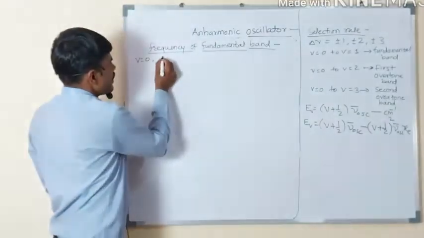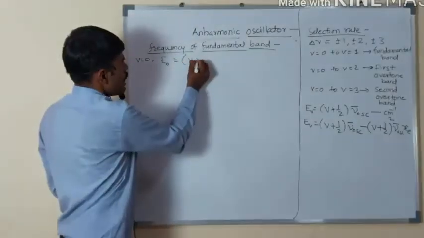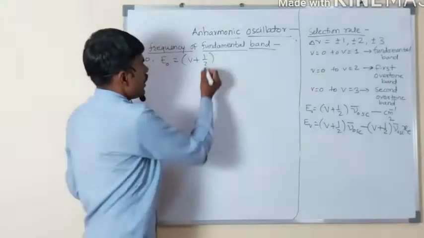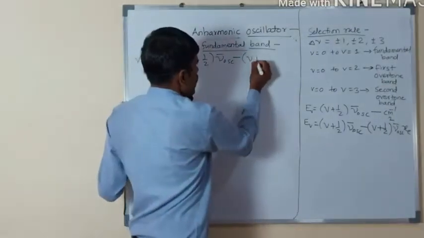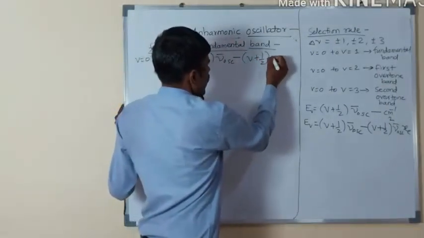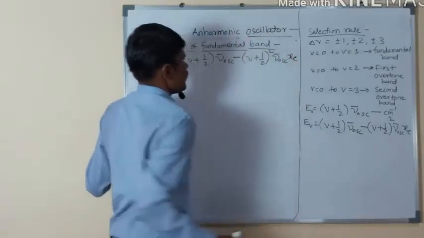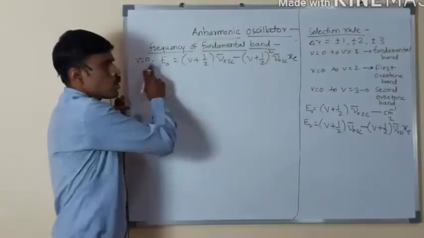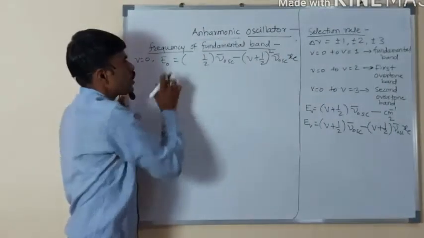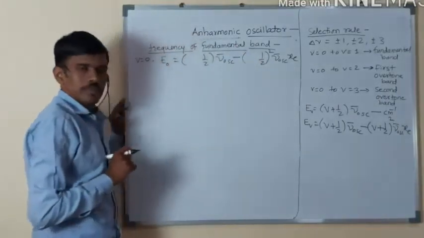This energy E0 is equal to (v plus 1/2) nu bar of oscillation minus (v plus 1/2) squared into nu bar of oscillation into Xe. Here v is equal to 0, so this value is 0. Similarly this value is also 0.